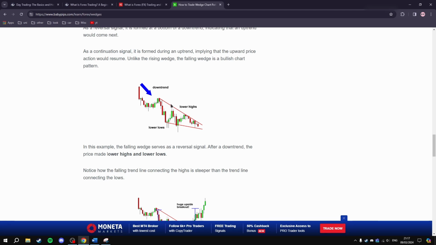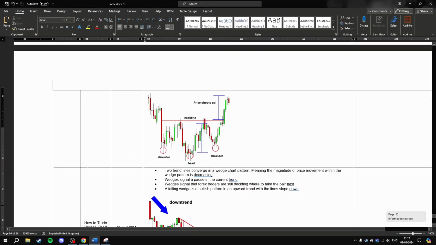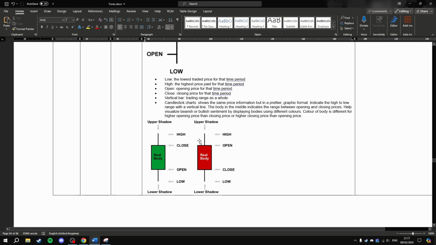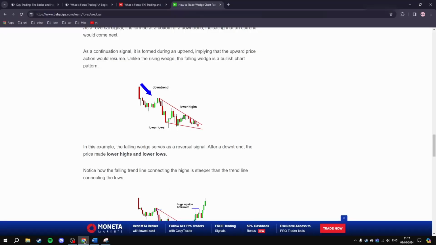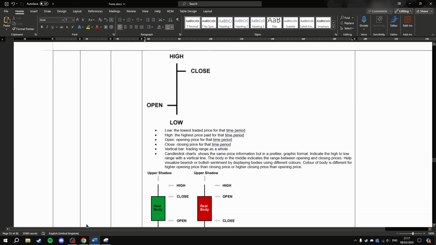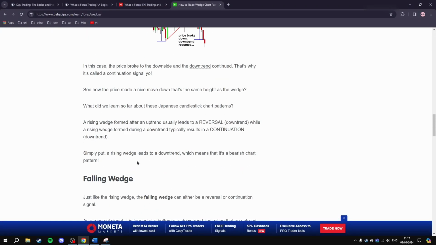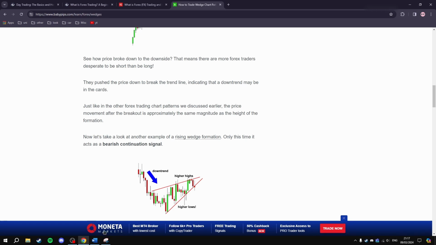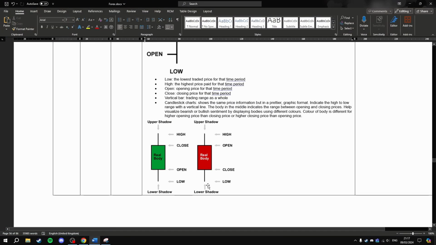What's a lower high? Wait. High, low. Lower highs. What's a lower high? High, low, higher highs. Higher highs, that's that. Lower lows, that's that, isn't it?